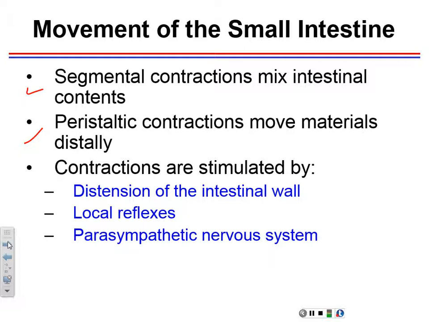Okay, so there are local reflexes because of all these things going on, and because it has to act quickly without needing the central nervous system control. So it really has its own little nervous system down there. Because if it doesn't act quickly, it's going to be digesting itself all over the place. So you see, there's actually a branch called the enteric just for that. So for all these local reflexes that happen in there, when it distends, when it's got chemicals in there, you start to release immediately. Okay?